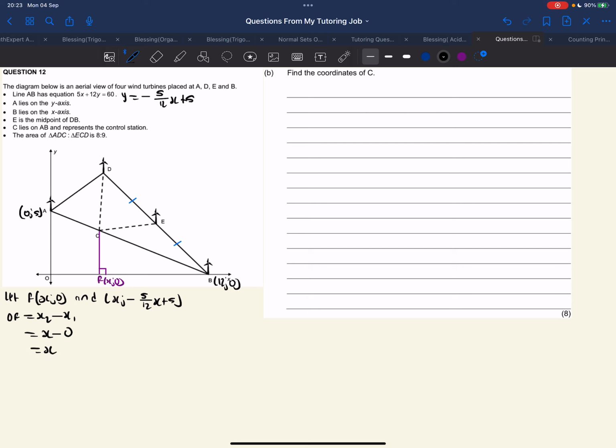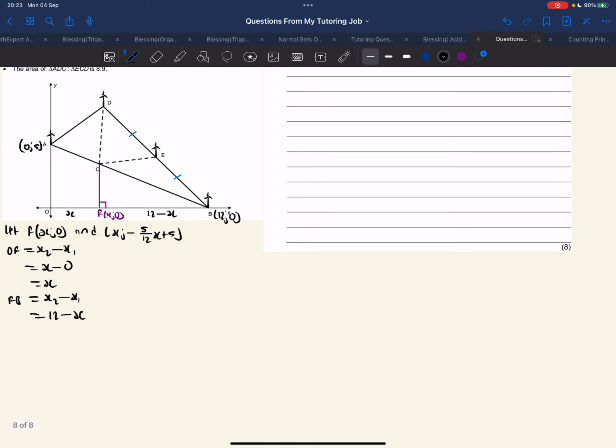Now if OF is x, then FB we're also going to say x2 minus x1, which is 12 minus x. All right, so there's an x there and a 12 minus x. So far going so good.